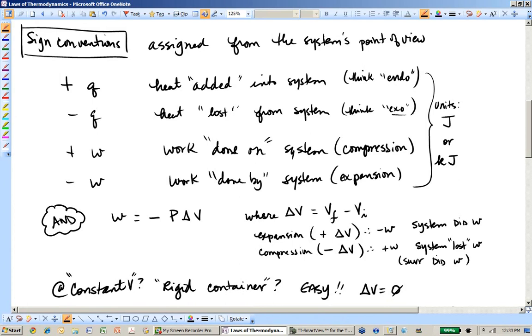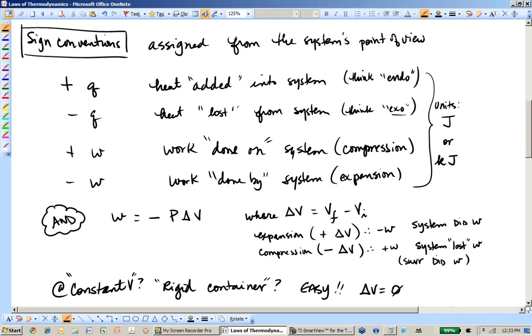Work is a little more abstract for you because this is a new concept for you. If work is added to the system, we often say work is done on the system in test questions. So if you squished something, you compressed it, you or the surroundings supplied the work to make the walls of the container go inward.